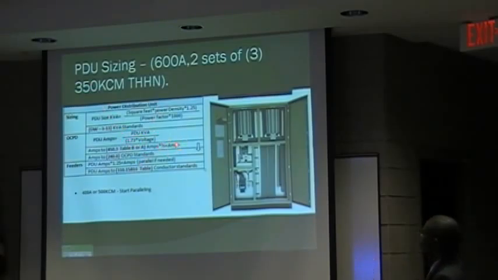It's going to give us the amps, and we go to 240.6 to size the breaker. But this time around, instead of going up as in the UPS, on the PDUs we go to the next standard down, and that's what we did. And the feeders the same way with the code book 310.15(B)(16), and we are able to come out with the size: 2 sets of 350 kcmil THHN.